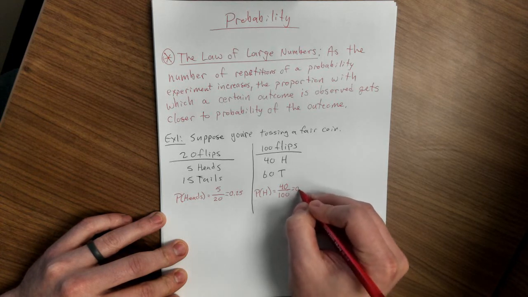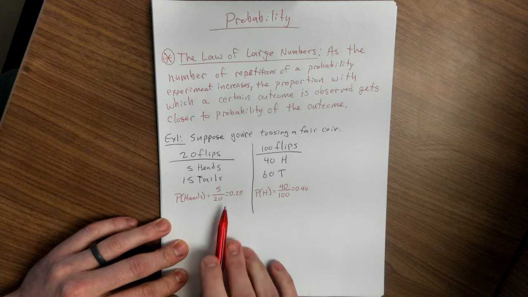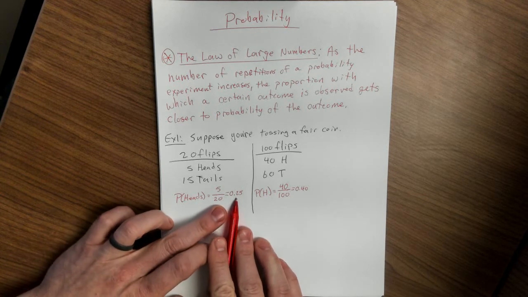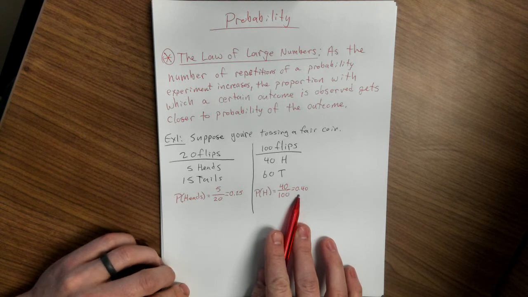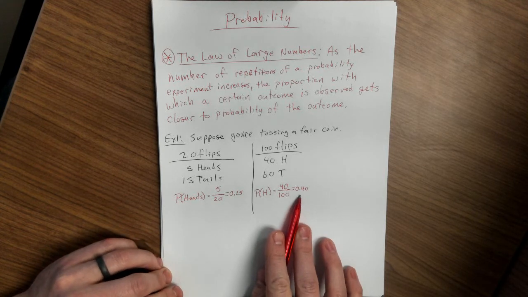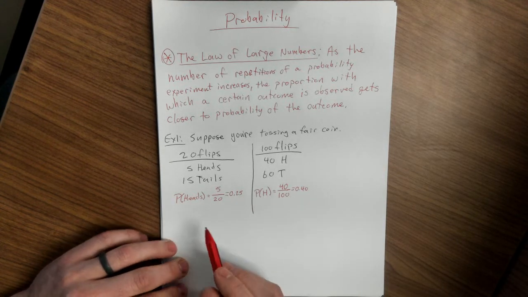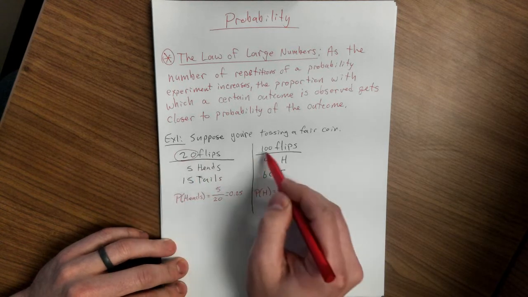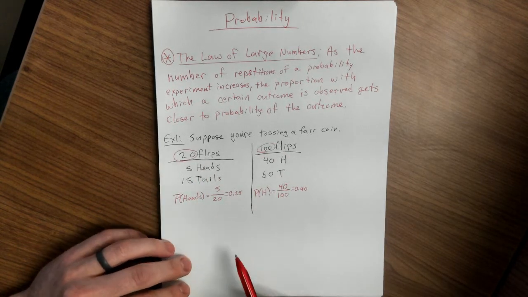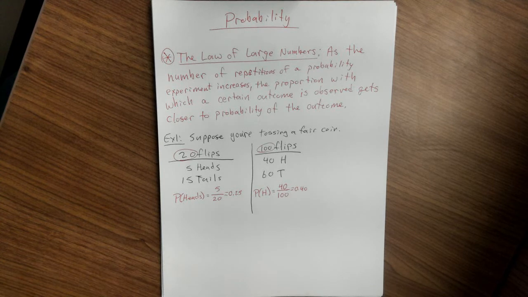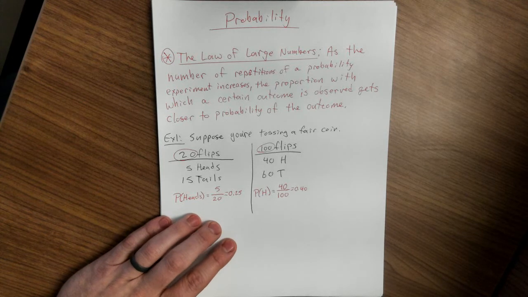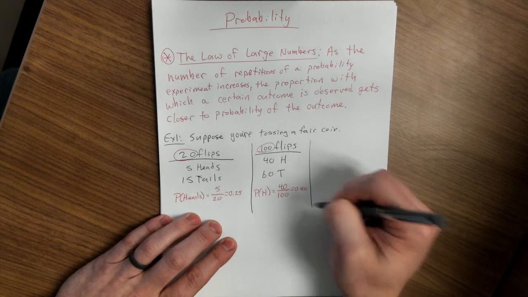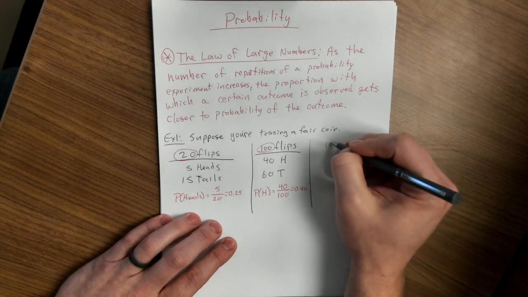I'm going to write it as a decimal just so you can see. We just went from 25% probability of getting a heads to 40%, which is still not our 50%, but it's closer. So what this is showing you is we started at 20 and we increased to 100, and as we increase our sample size, our actual probability gets closer and closer to the real probability.